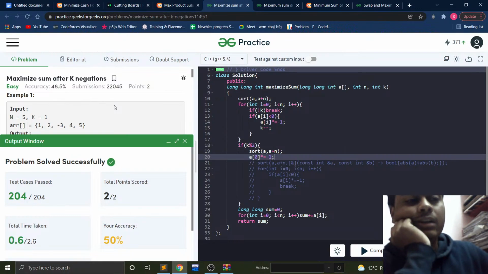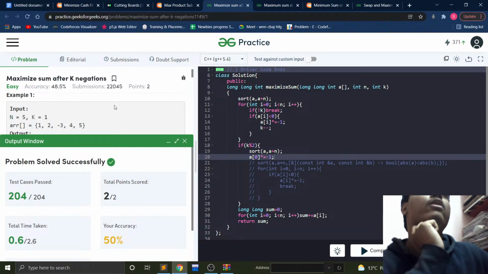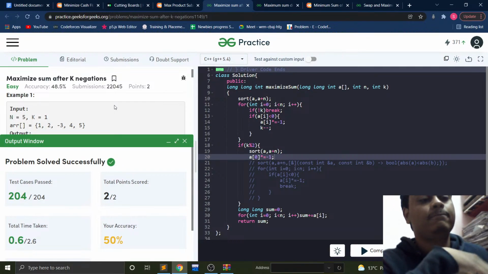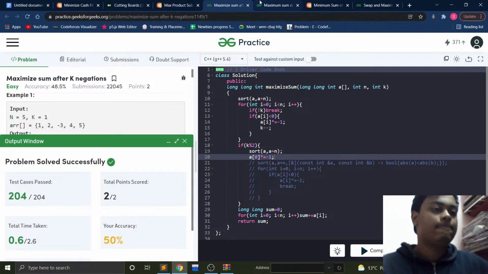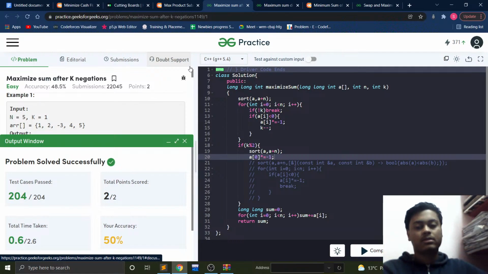Next question was negations. If you have an even number of negations, firstly you just have to make all the negatives positive. After that, if you are left with some more k and you're forced to do more negations, just choose the smallest value and do negations on it. If the leftover negations are even, you have no effect on any number and you have all the positive numbers.